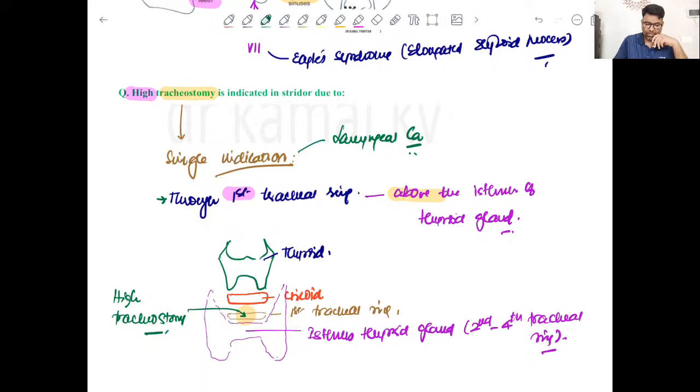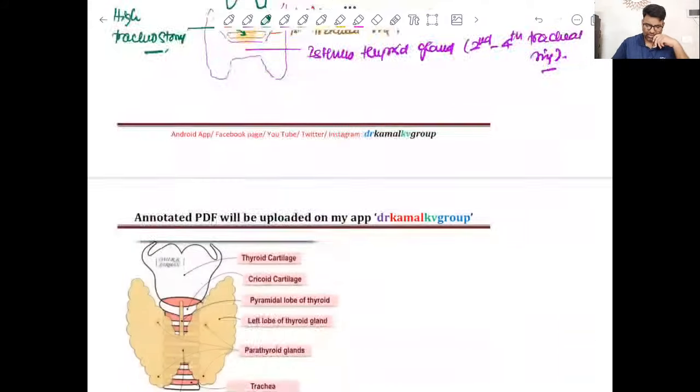So usually we don't go, but only if there is laryngeal carcinoma can we go for high tracheostomy, right? So please remember, for high tracheostomy there is only one indication: stridor because of laryngeal carcinoma. And I think most of you must be knowing what stridor is. Stridor are the sounds which are produced because of the movement of air, right? So this is high tracheostomy.